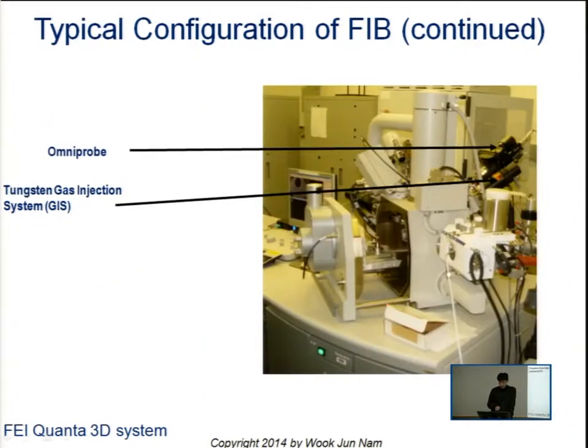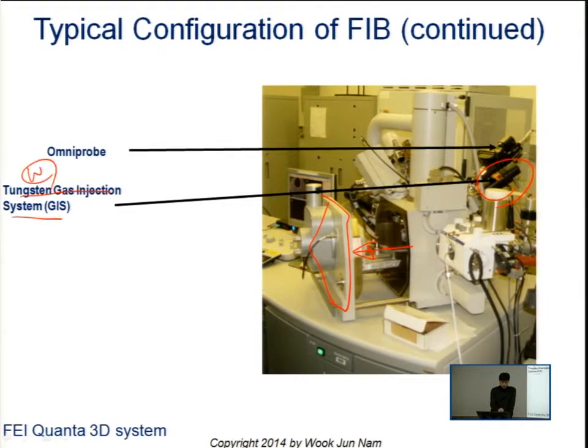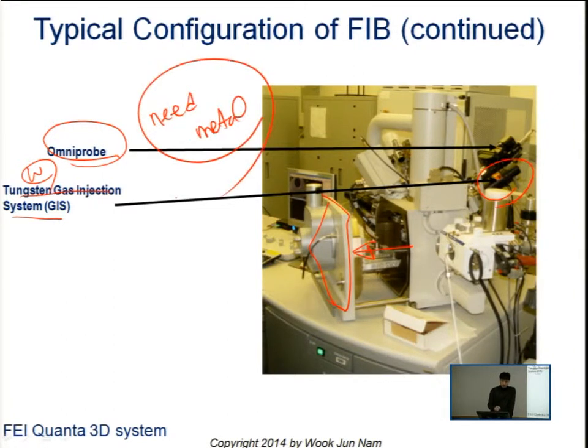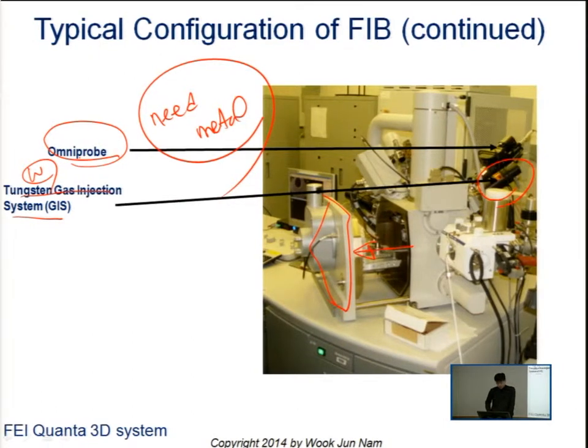And this is the other side, where the chamber door opens like this. On this side, we have another gas source which can deposit tungsten. And there is another probe, which is a needle made of metal. We'll talk about where we use this Omni probe during the lecture today.